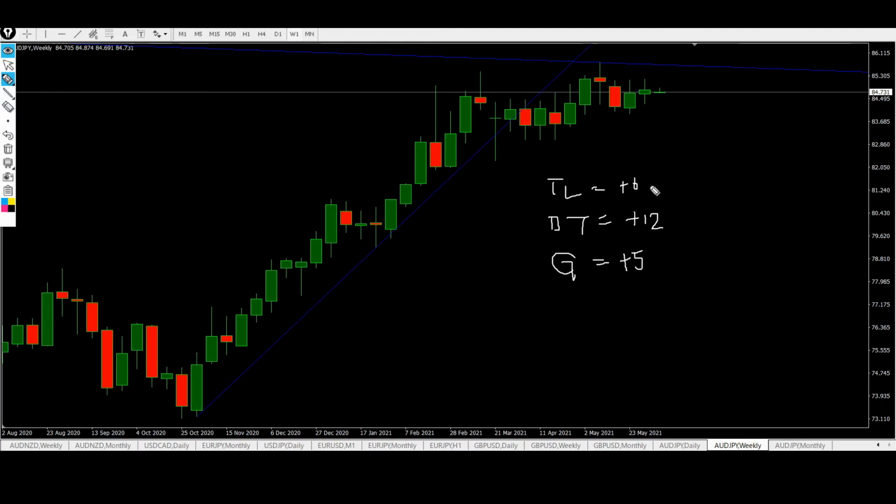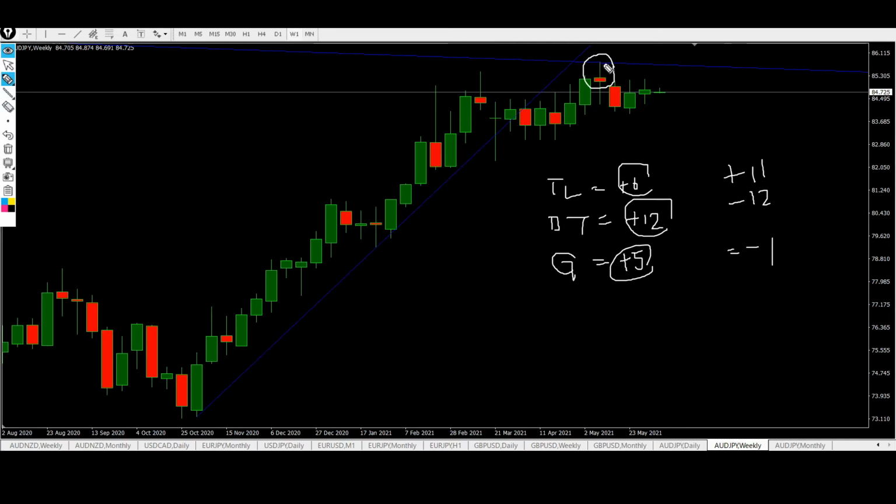Let's add up the future short strengths from this trend line and the gap. That's a +11 future short strength. However, the double top actually applied long strength, so we're going to have to subtract 12 from this +11, which gives us a native future short strength of this weekly pivot of -1.